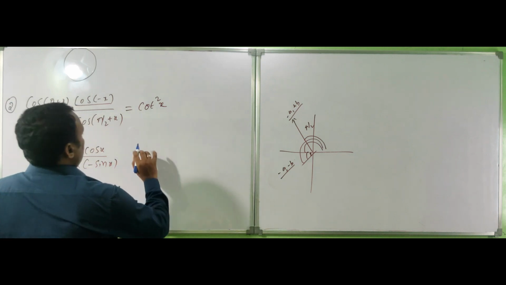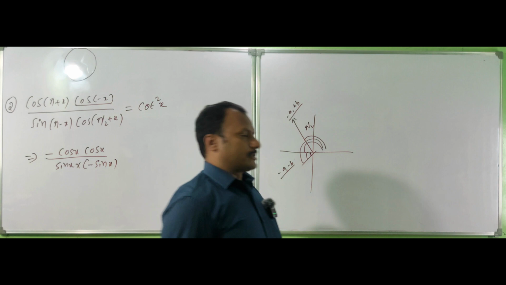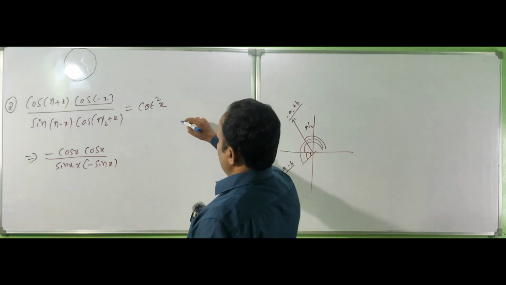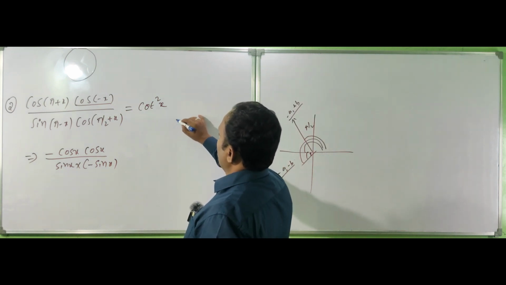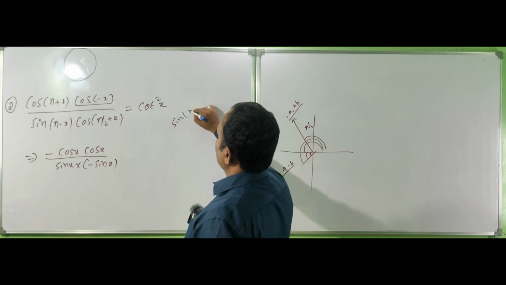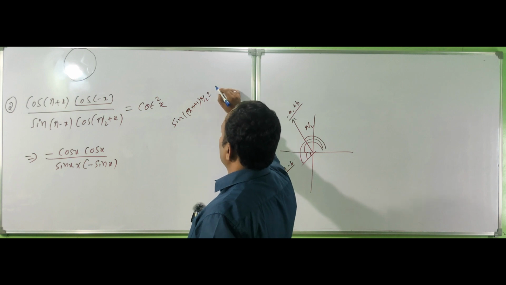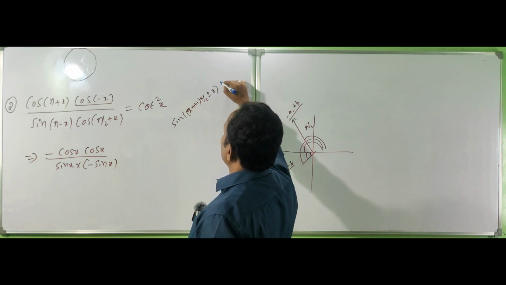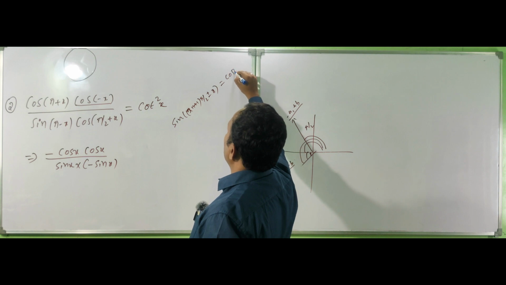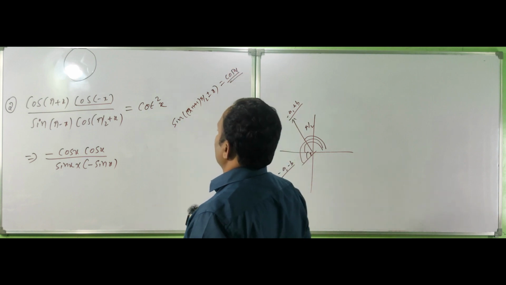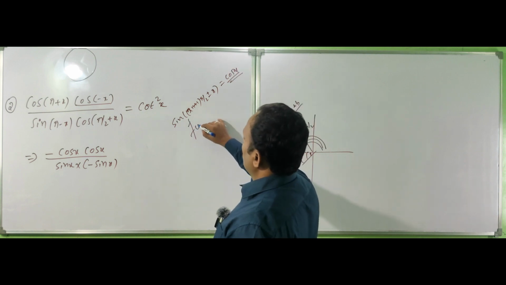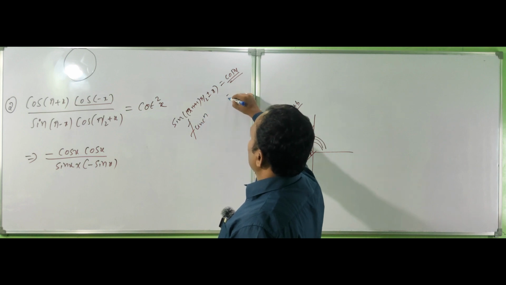At the odd multiples, (2n plus 1) pi by 2 plus or minus x, a function gives its co-function.